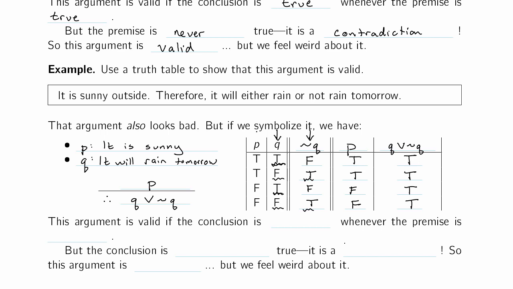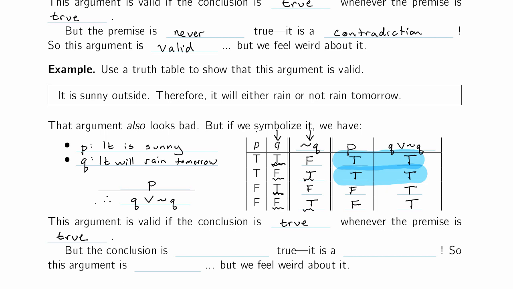Is this argument valid? Well, yeah. Here are the rows where the premise is true. So, a valid argument, that means the conclusion has to be true whenever the premises are true.